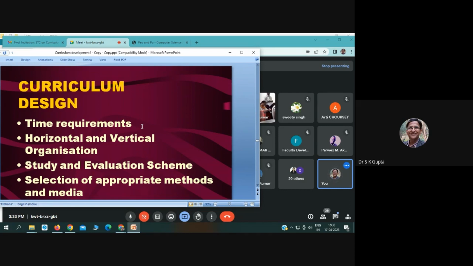So accordingly, whatever time we have, we divide it among the various subjects, for various detailed contents, depending upon the level of the program. And out of 40 hours, we also keep 4 to 6 hours for student centered activity. And accordingly, we prepare the study scheme.